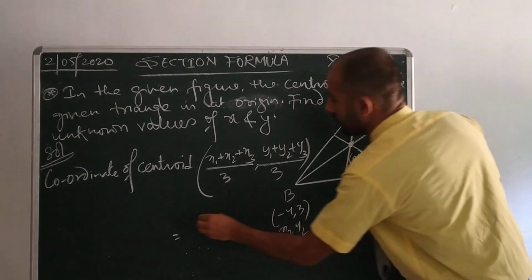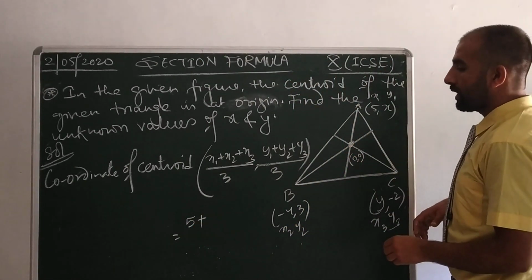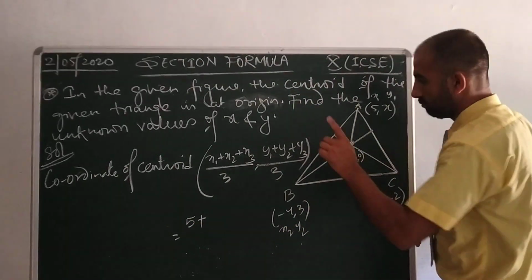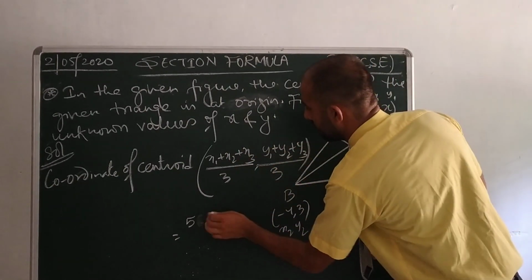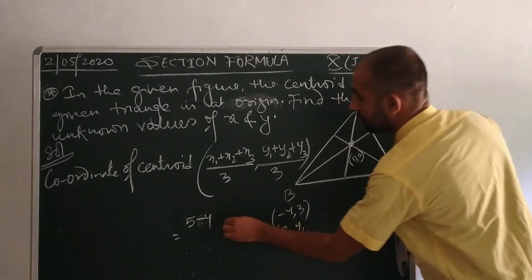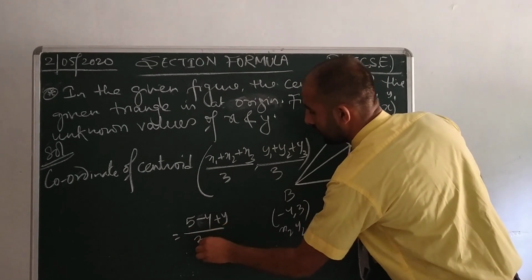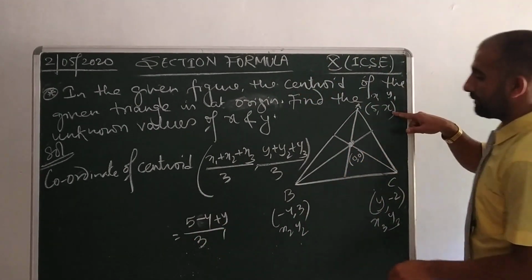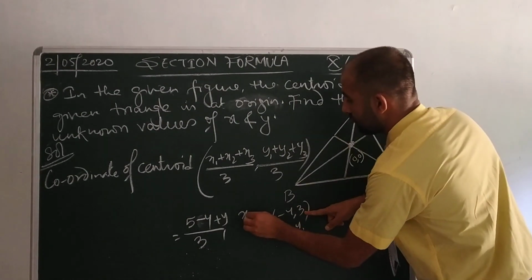x1 what we have? 5. x2 what we have? Minus 4. And x3 we have got x, by 3. Similarly, y1 what we have? y. y2 what we have? Plus 3.